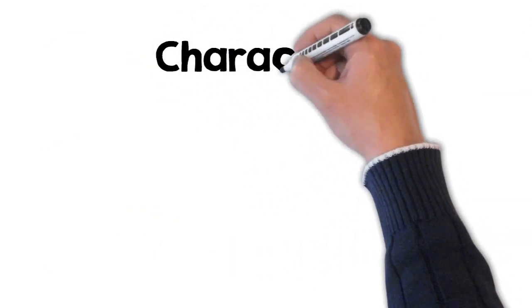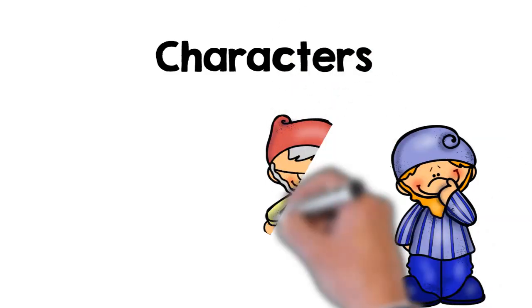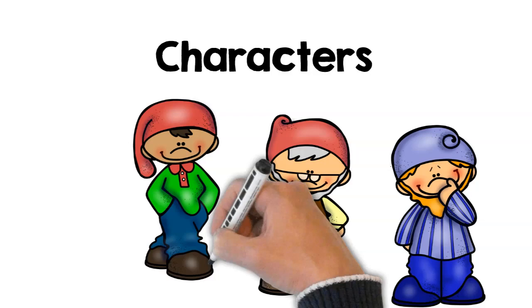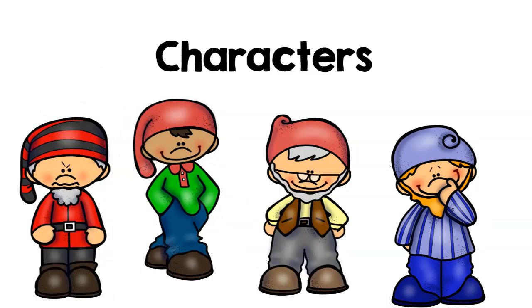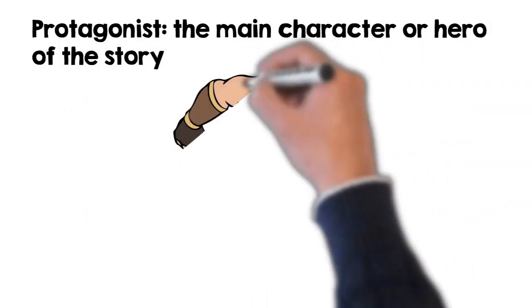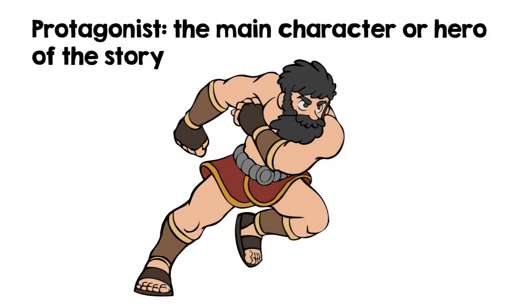One way to compare fictional text is to look at the similarities and differences of the characters. You can compare protagonist, antagonist, or supporting characters. Definitions. Protagonist, the main character or hero of the story.